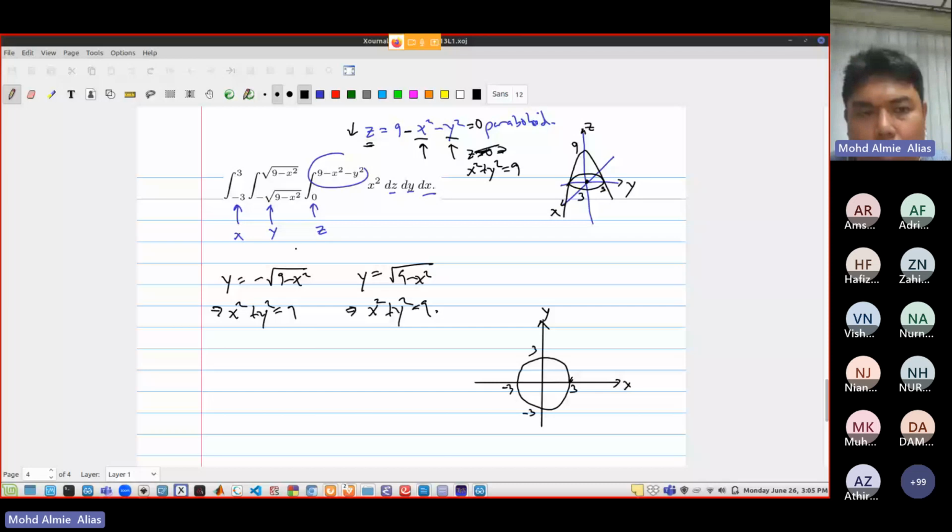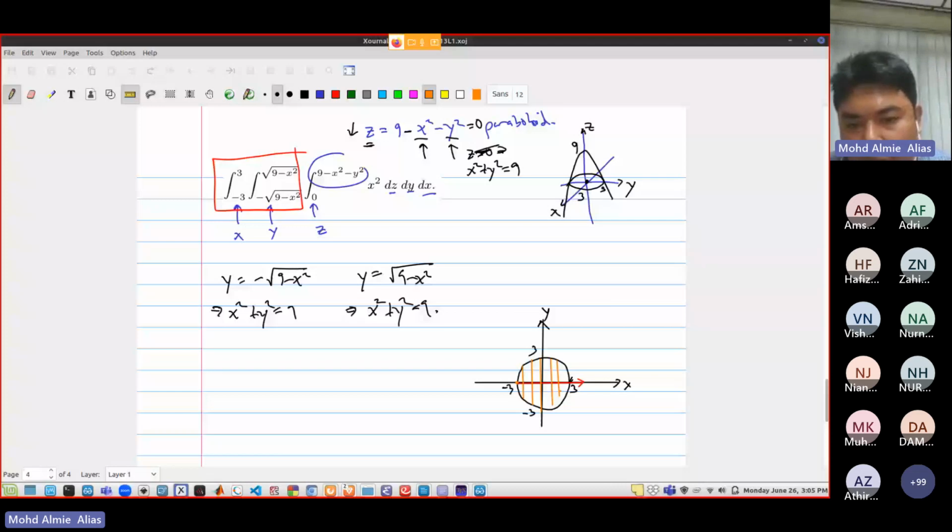This is quite obvious. If you take from here and move it to the positive x direction, like this, then this becomes longer and longer.